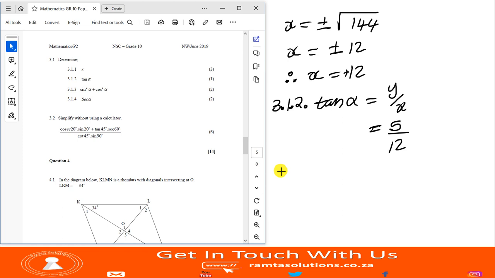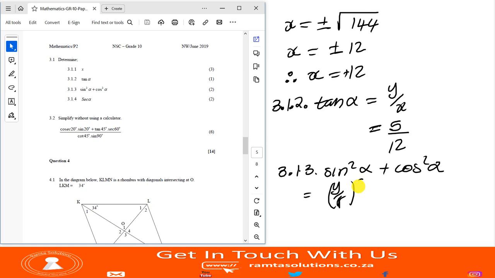3.1.3: sine squared alpha plus cos squared alpha. What we know is that sine is opposite over hypotenuse, which is y over r, and since these are squared, it'll be squared. What is cosine? Cosine is adjacent over hypotenuse, which is x over r, all squared.